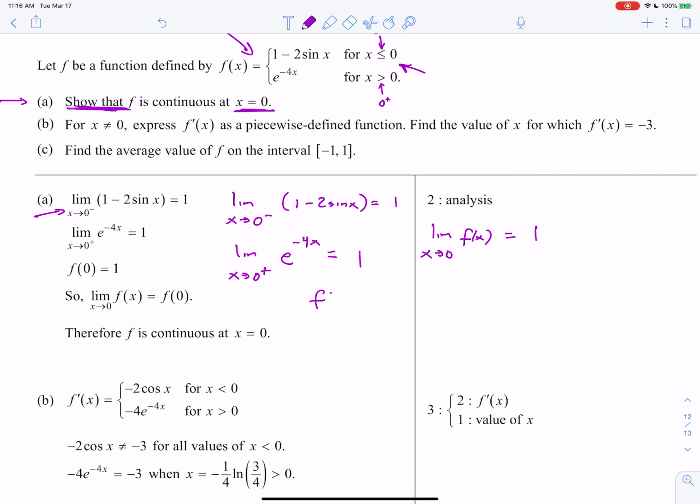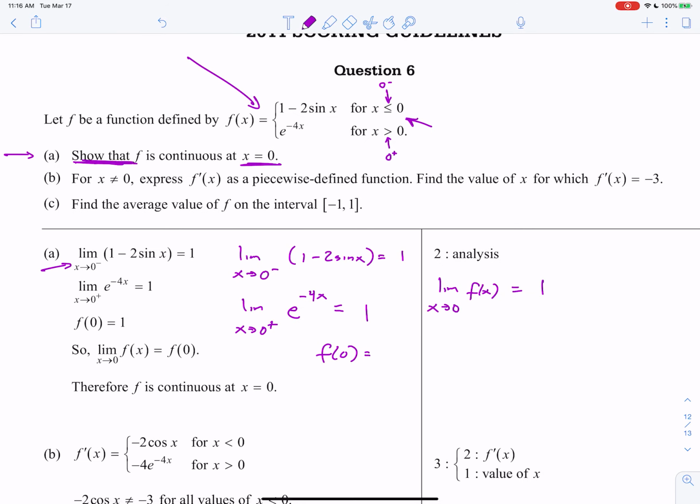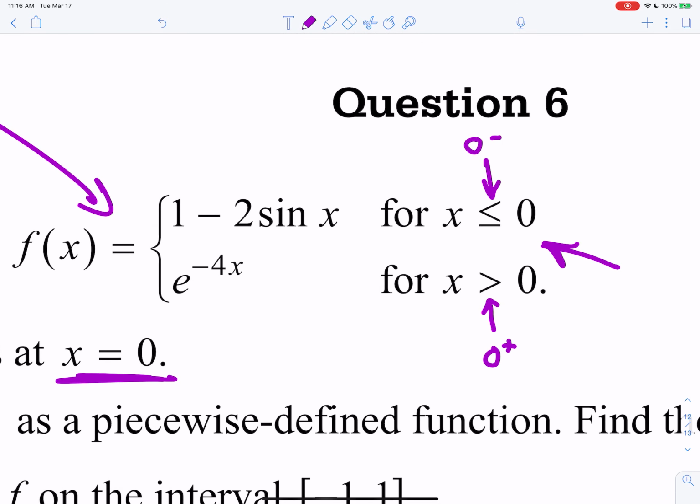Now, to find f of 0, remember, f of 0 is an exact moment. The limit is when you get arbitrarily close but not exact. So if you look at your piecewise function, exactly at 0, you would have to look at the first function, not the second one, okay? So if I plug in 0 for x here, I end up getting 1.